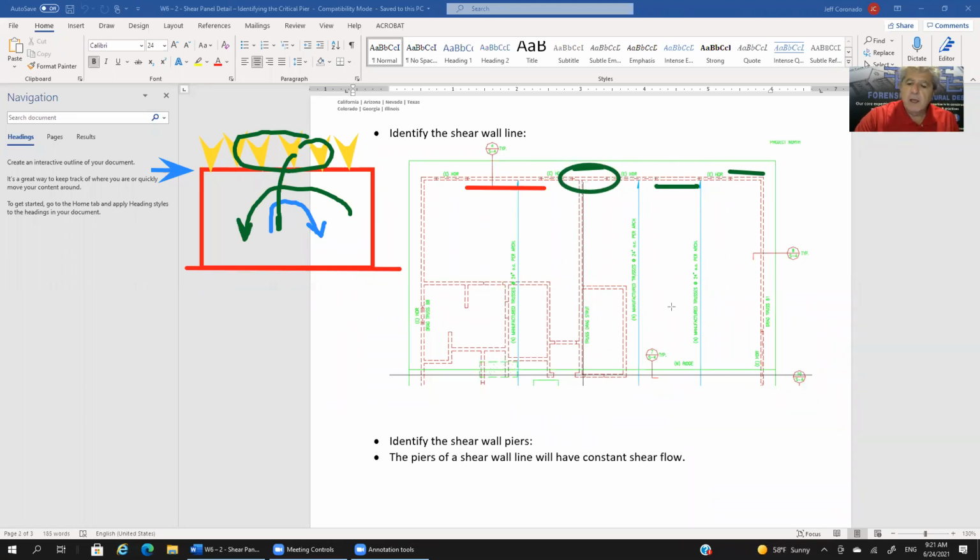Now this pier, if you look at this, it has an interesting feature to it. Give you a second here, see if you can figure out what's different about this pier. Well, this pier has a wall that intersects the pier. So these two walls, in all likelihood, unless you're detailing them to be built in a certain way, which would be unusual, more than likely these two walls are connected right here.